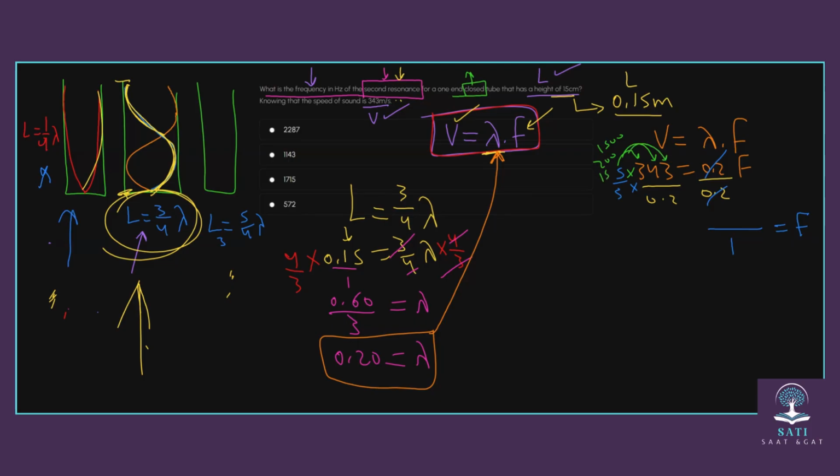So 1,500 and 200 is 1,700, plus 15 is 1,715. So 1,715 over 1 is 1,715. And the unit of frequency is hertz. So this is the answer: 1,715. You choose 1,715 as the answer on the question.